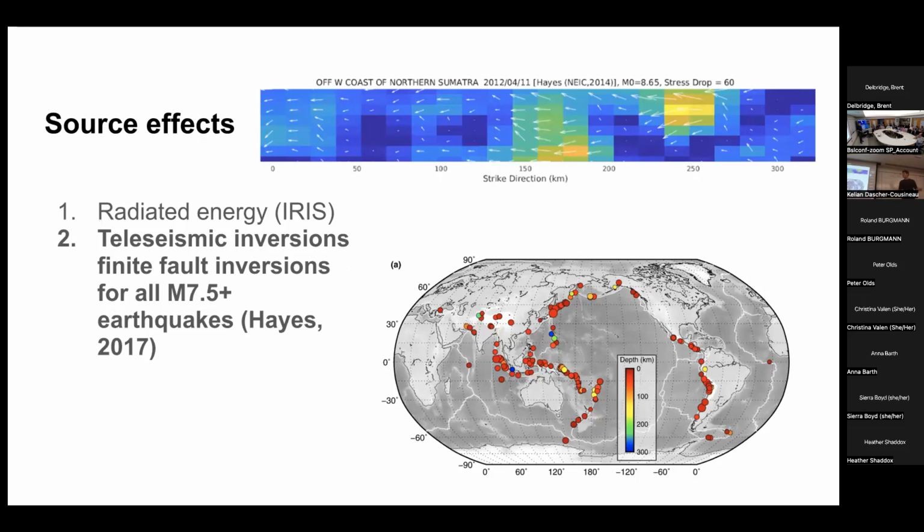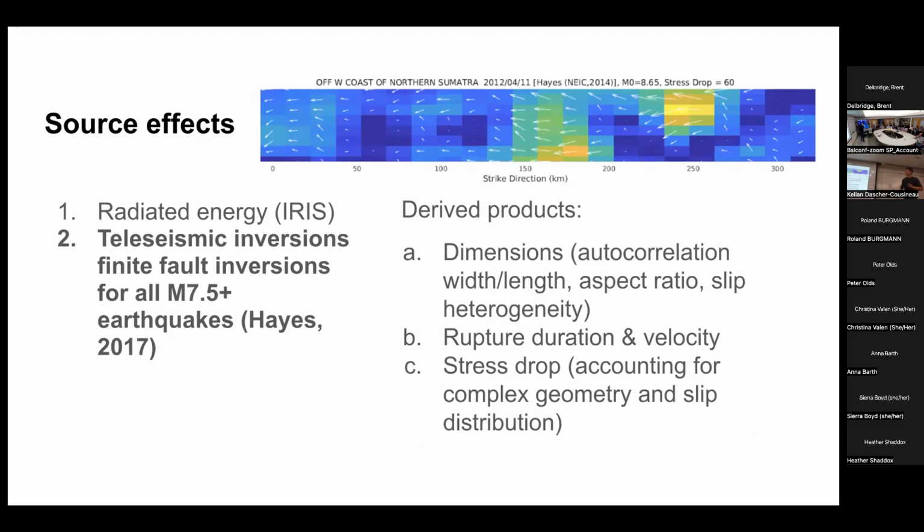So this is a uniform global analysis of really large earthquakes around the world. From these finite fault inversions, we derive a few products, including the dimensions, the width, the length, the aspect ratio, the rupture duration, the velocity, the stress drop. We remeasured the stress drops to account for the heterogeneity of these ruptures.